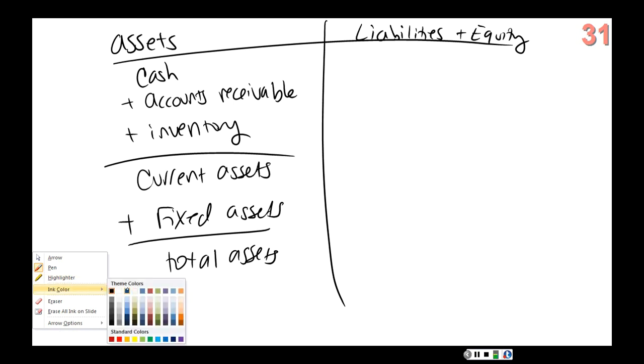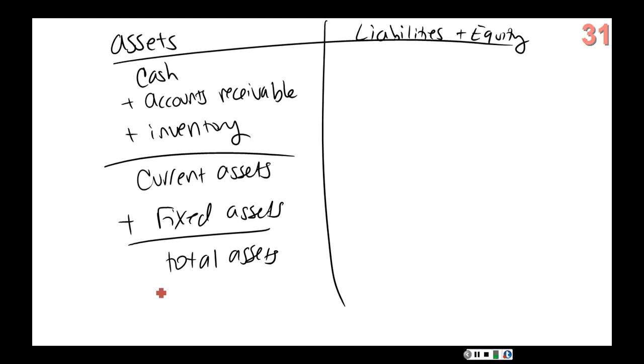Current assets are those assets that are expected to be converted to cash within 1 year, whereas fixed assets are long-term, such things as your equipment or your building. So this goes from more liquid, so can be converted to cash quicker, to less liquid.